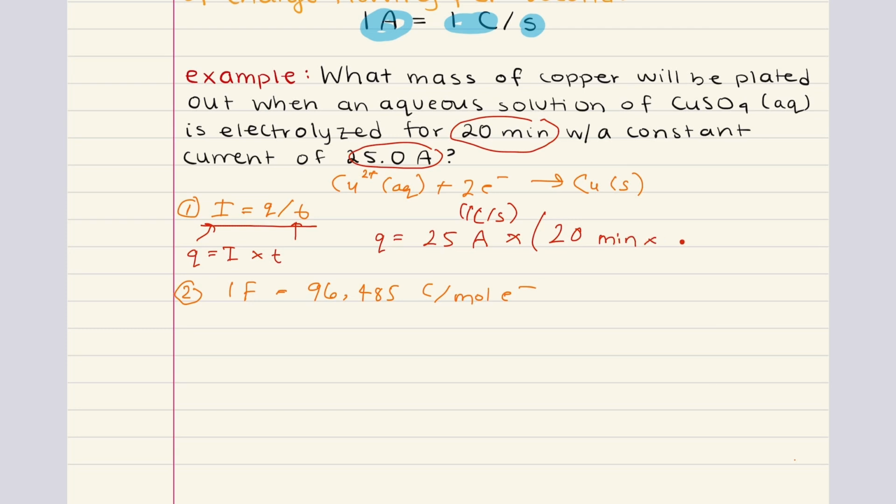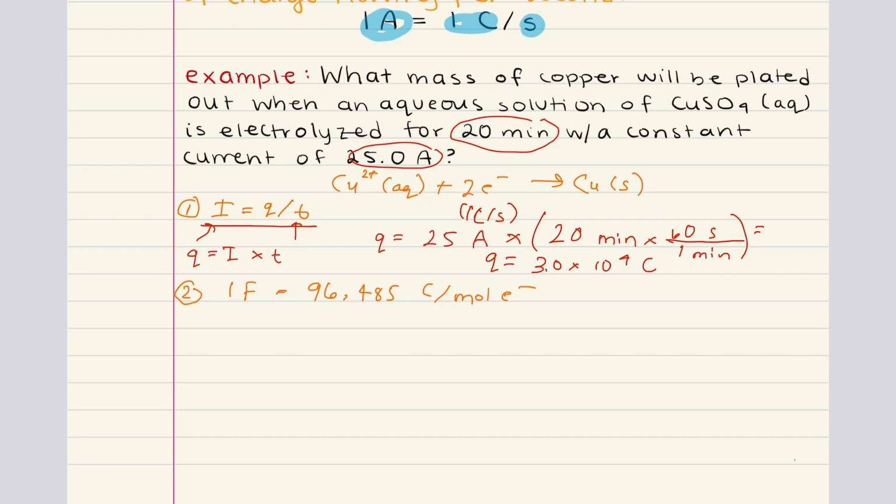We're going to convert that to seconds. We know that in 1 minute, we have 60 seconds. So if we plug this into a calculator, we get that Q is equal to 3 times 10 to the 4 coulombs.